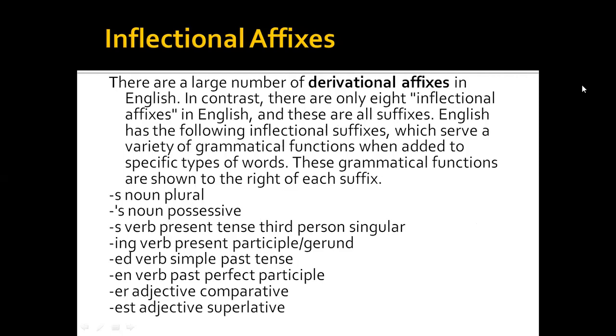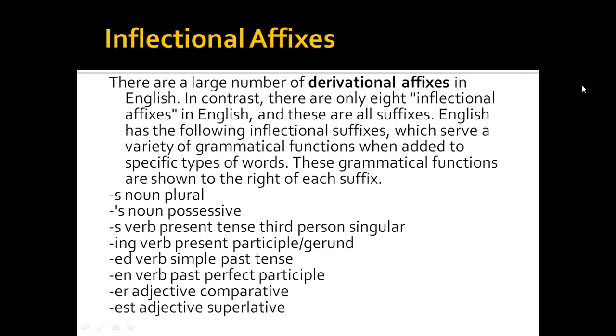English has the following inflectional suffixes, which serve a variety of grammatical functions when added to specific types of words. These grammatical functions are shown to the right of each suffix. There are 8 inflectional affixes.